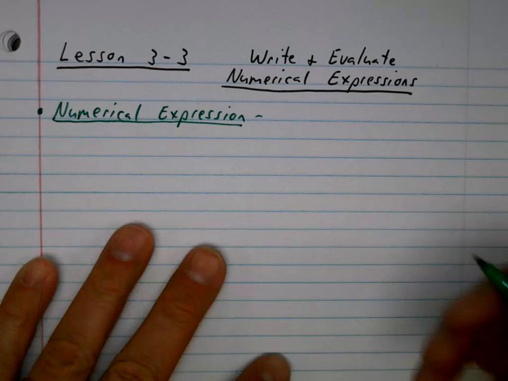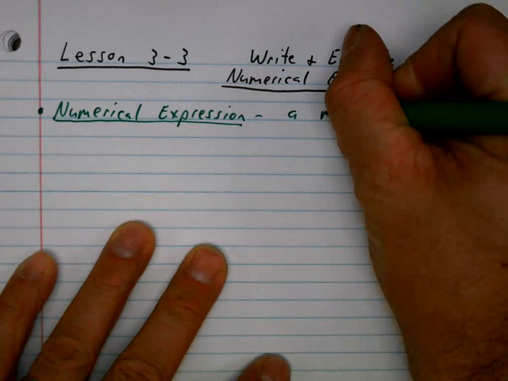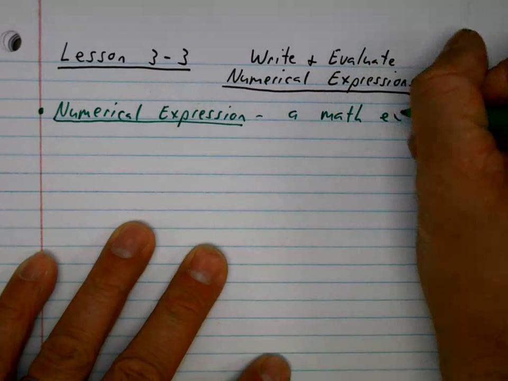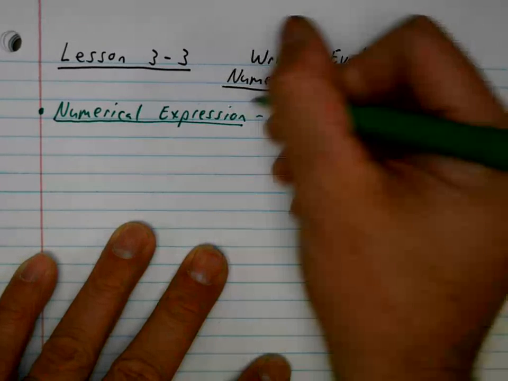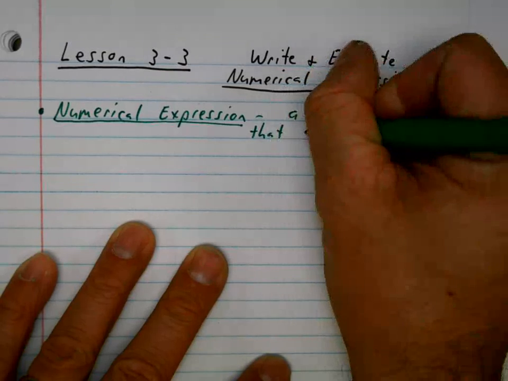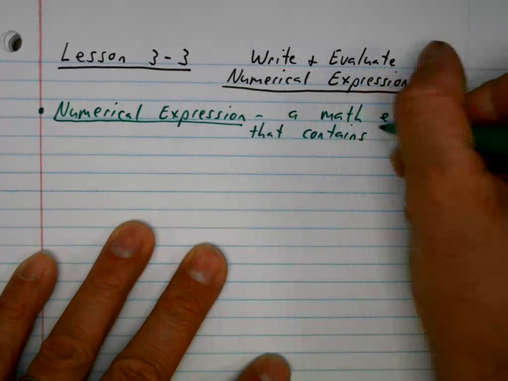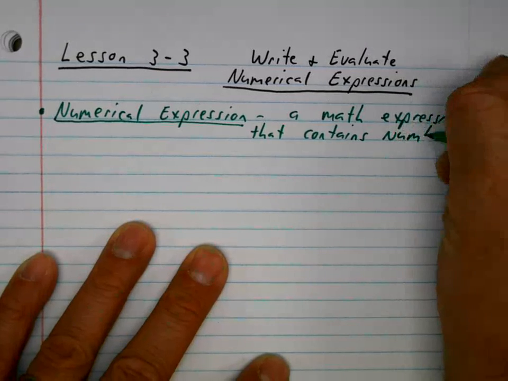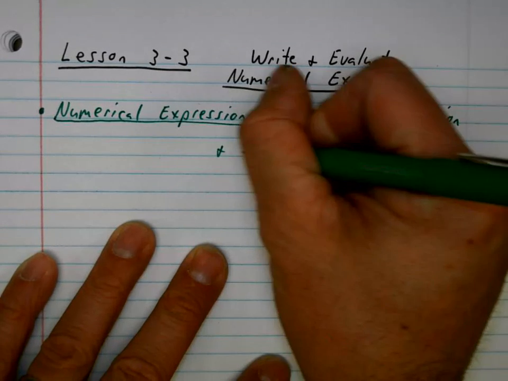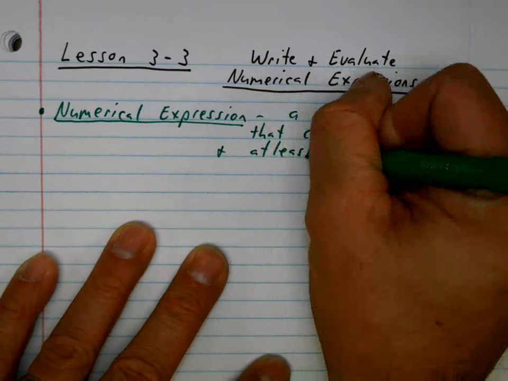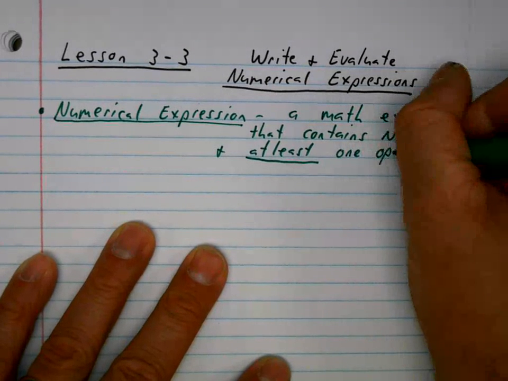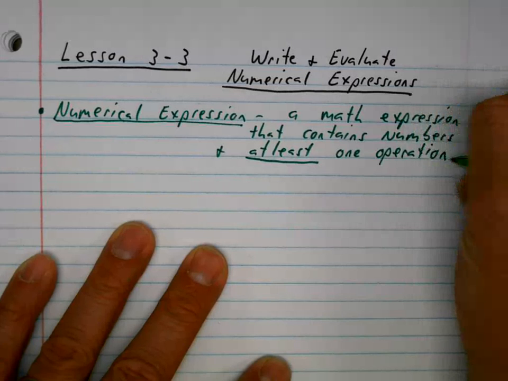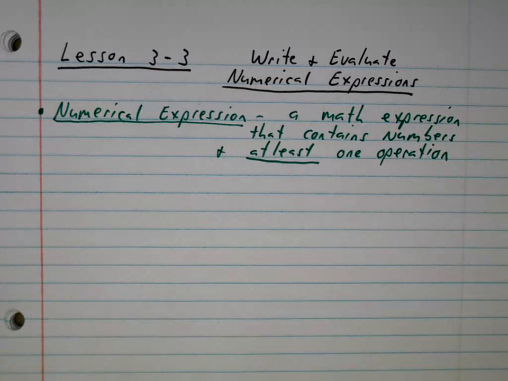So a numerical expression is a math expression that contains numbers and at least one operation.